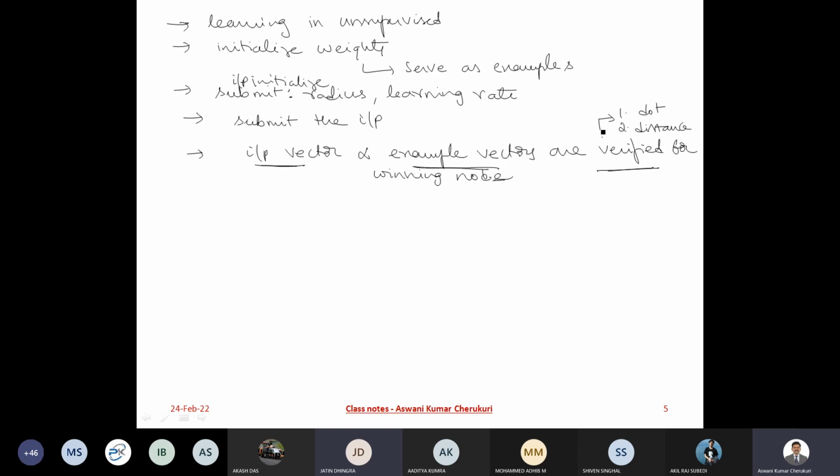Predominantly, we do distance calculation for self-organizing map, not the dot product, and identify the winning node. When we identify the winning node, we perform learning. Okay, when we perform learning, what do we mean? We are doing weight adjustment. When you do the weight adjustment, we do it not only for the winner node but also for the neighborhood nodes.